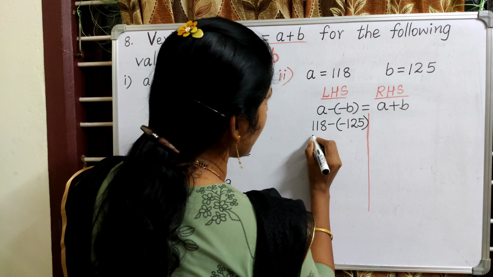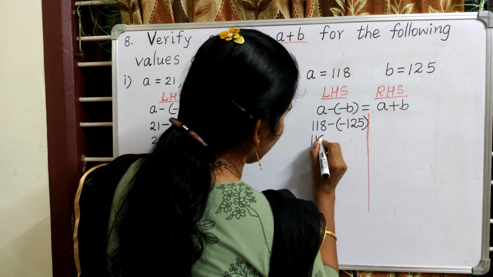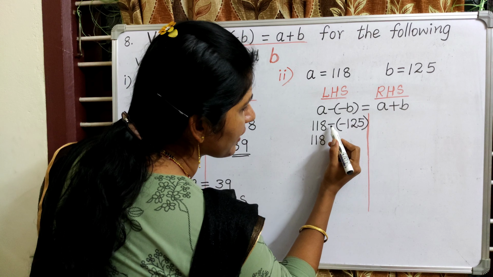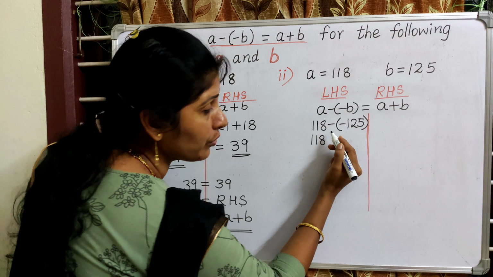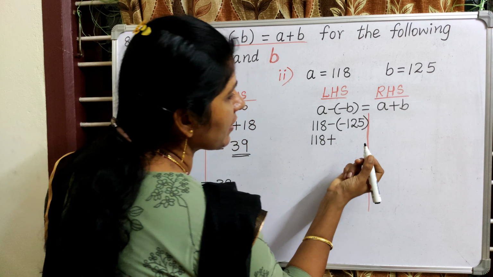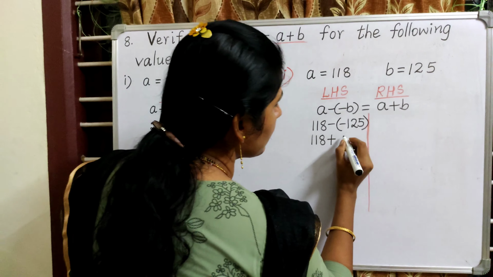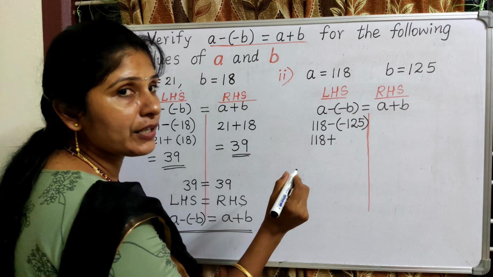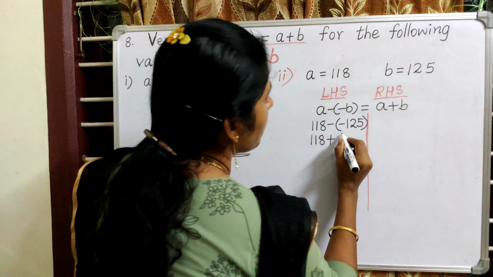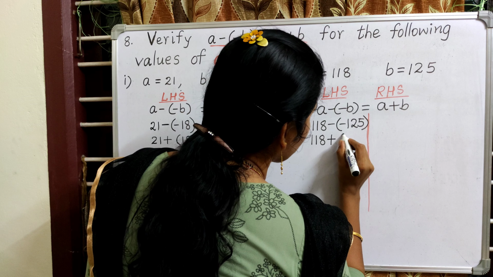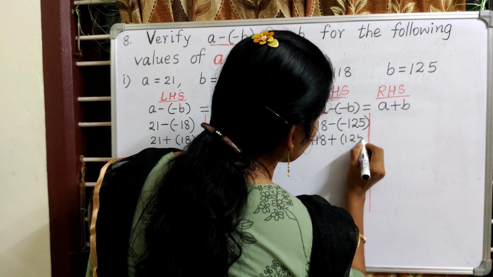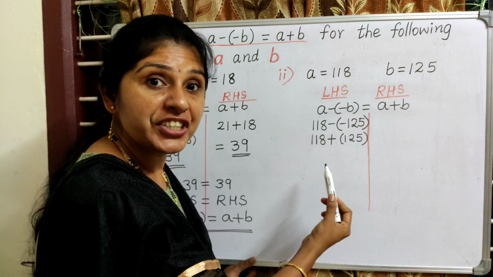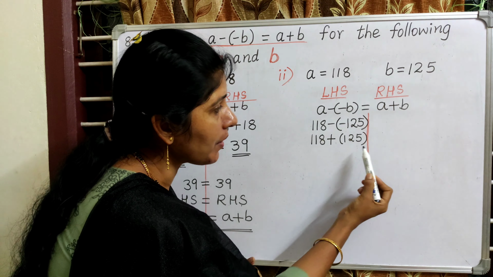So write the first number as it is, 118. Change the operation sign from subtraction to addition. Change the sign of the second number. So minus 125 becomes plus 125. After changing the operation, observe the numbers.